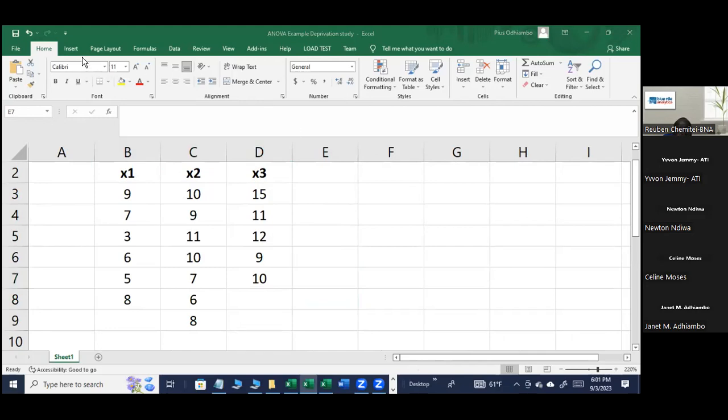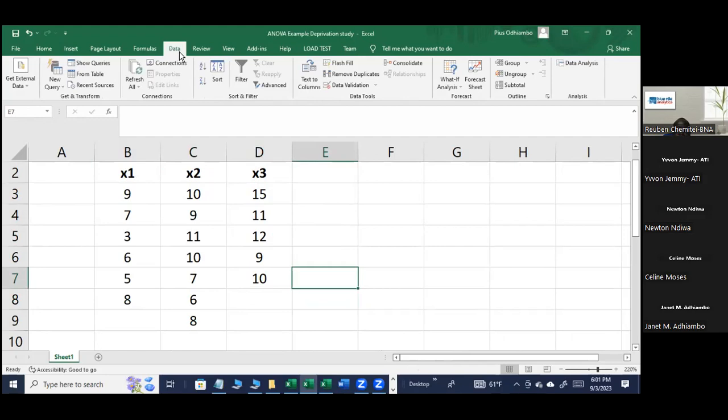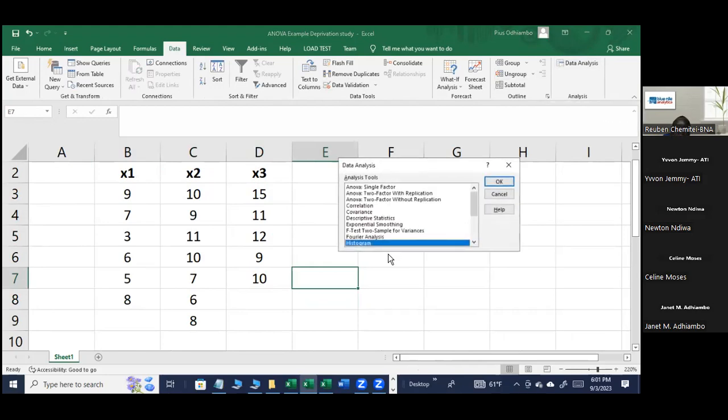For us to conduct analysis of variance, we click Data Analysis from Excel. You have a number of analysis tools here, starting with ANOVA: Single Factor, ANOVA: Two-Factor With Replication, ANOVA: Two-Factor Without Replication.